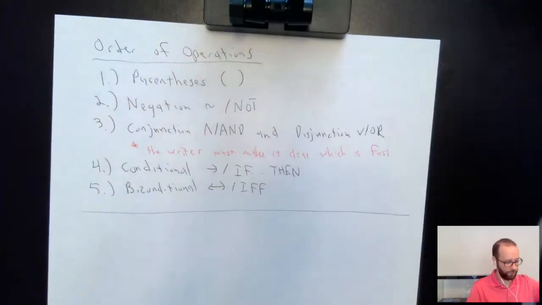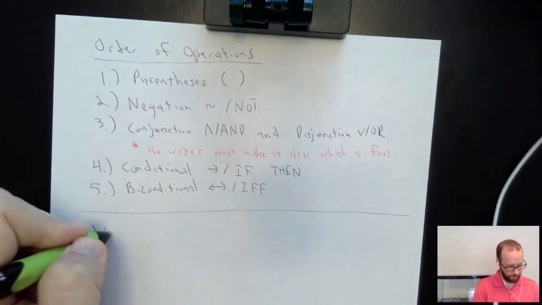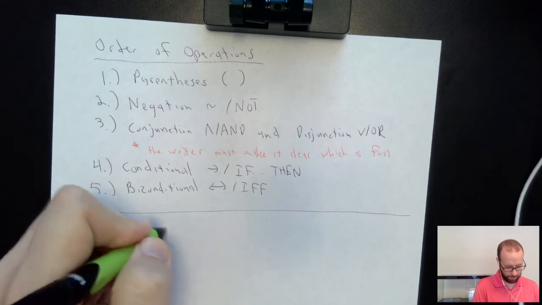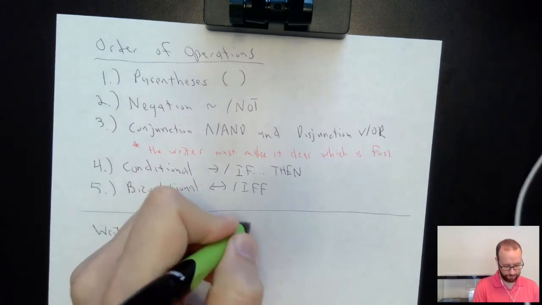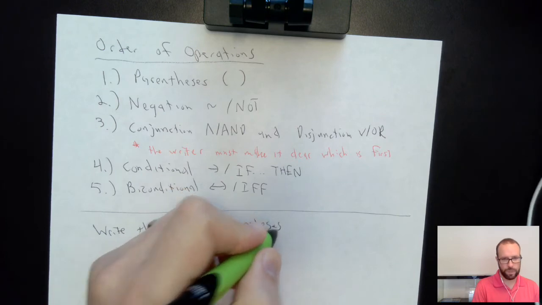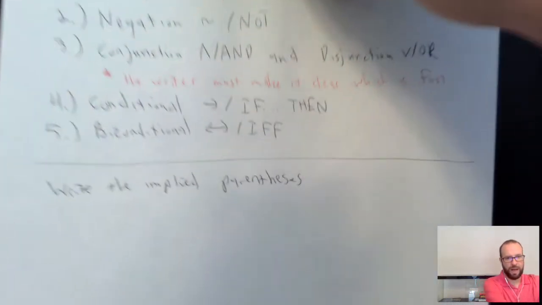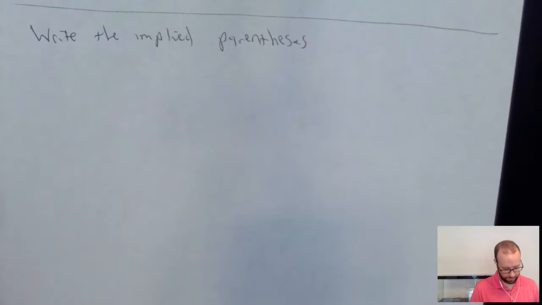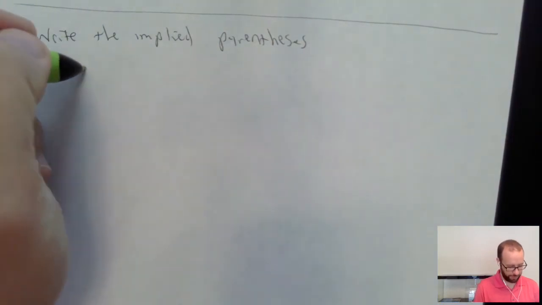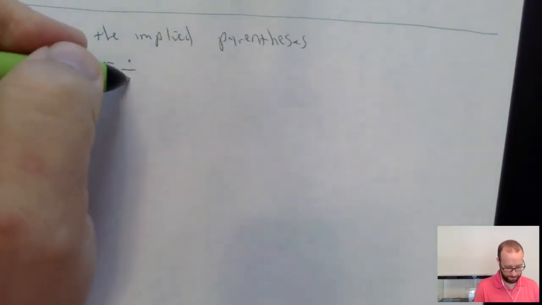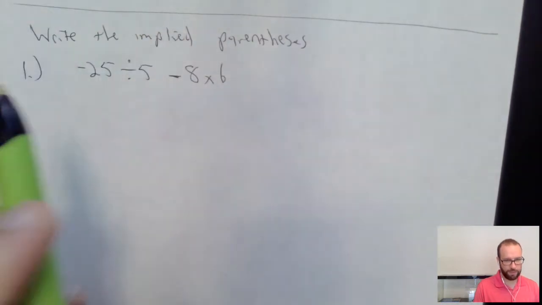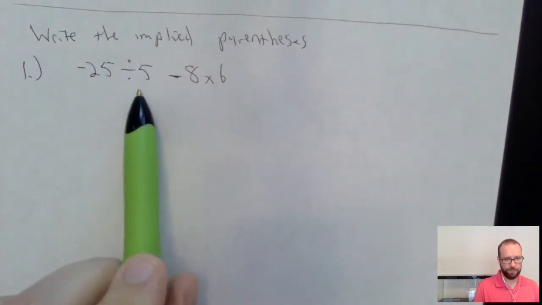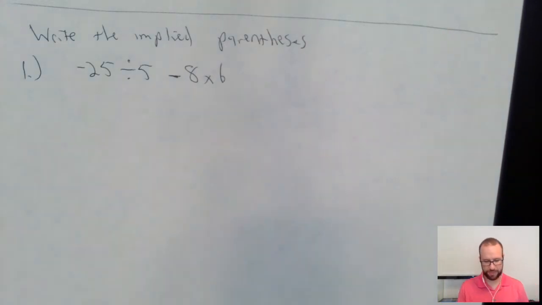And the way we're going to do that is we're going to write the implied parentheses. So I want to do a quick example from our arithmetic world, because I think it'll make it clear what I'm talking about. Here I have negative 25 divided by 5 minus 8 times 6.